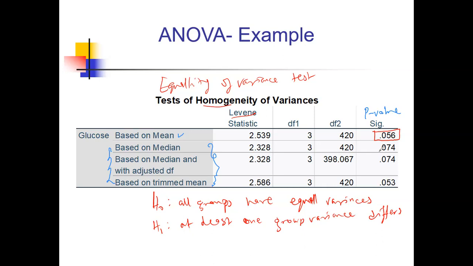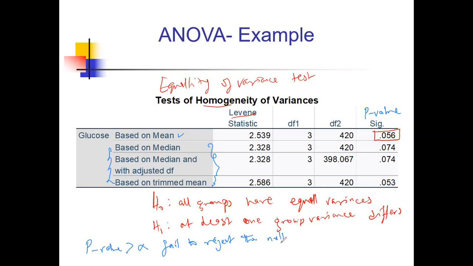The p-value here is greater than 0.05. Remember what we do when the p-value is greater than alpha: whenever the p-value is bigger than alpha, you fail to reject the null.